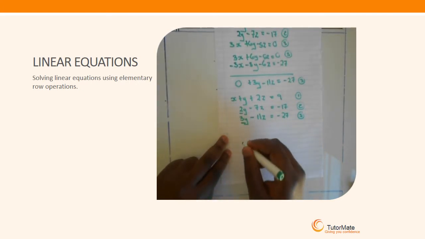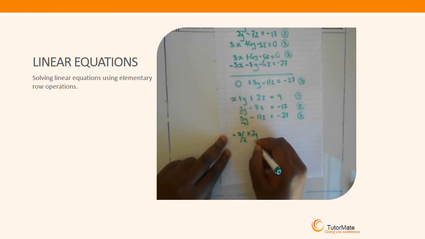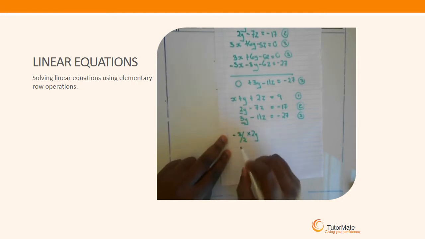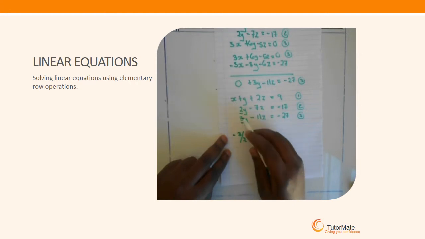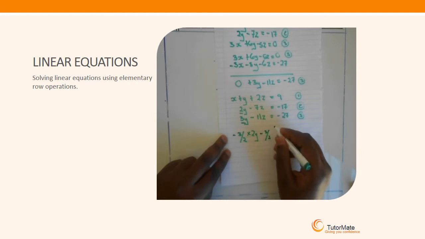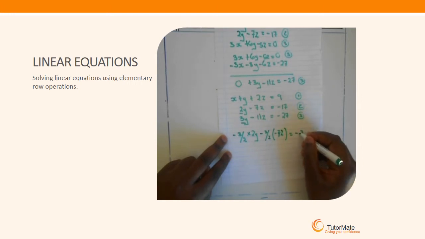So you're going to multiply equation 2 by minus 3 over 2, because the 2 cancels this 2 and you get minus 3y. So you multiply this whole equation by minus 3 over 2. You have minus 3 over 2 times 2y, minus 3 over 2 times minus 7z, which is equals to, also multiplying the other side, minus 17 times minus 3 over 2.